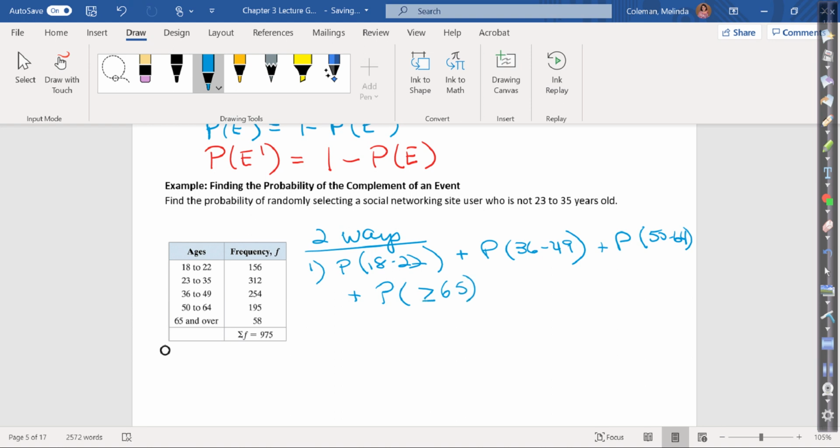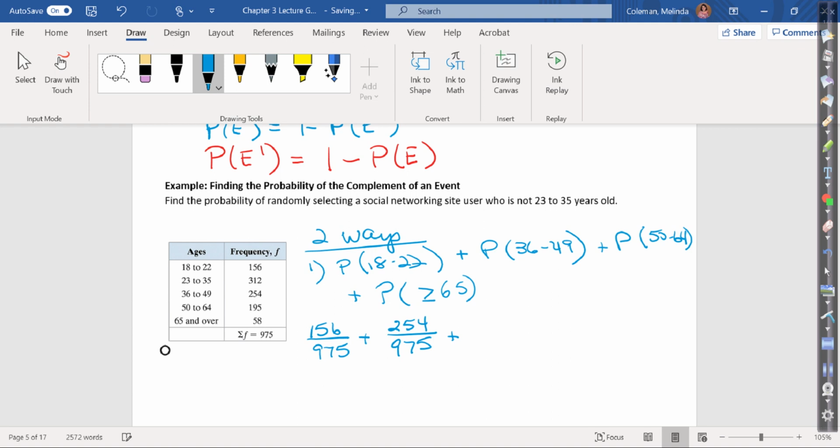So that's not terribly hard to do whenever you look at it that way. The probability that the person is 18 to 22 would be 156 over 975, plus the probability that they are in the 36 to 49 group would be 254 over 975.